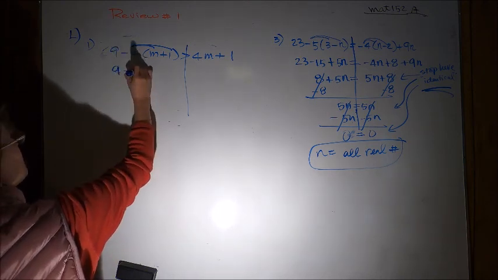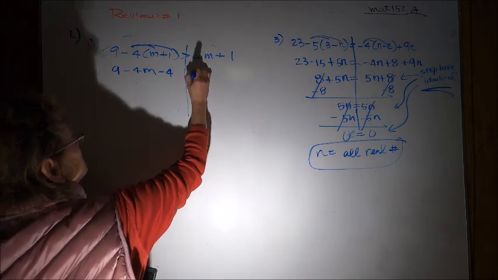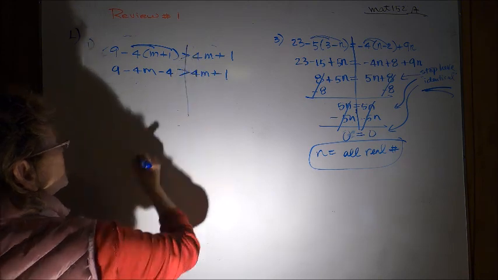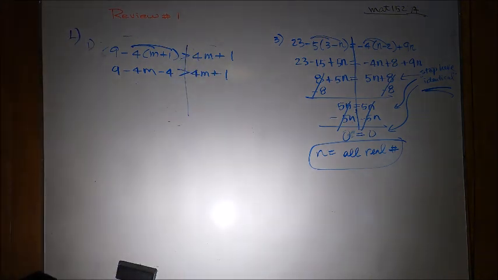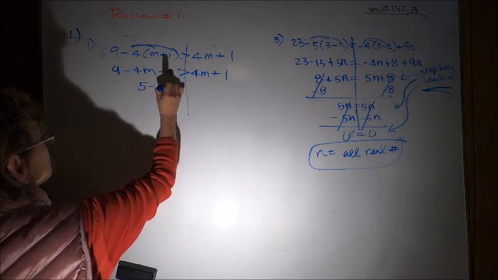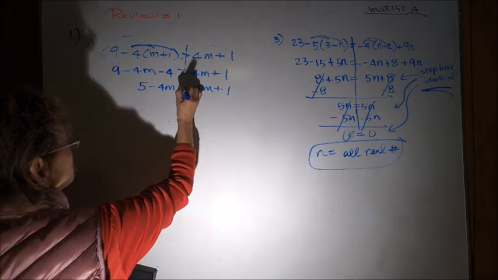9 minus 4n, negative 4, and 1 minus 4. Then this side is still 4. Do we change the sign? No, right? Then make it simpler for each side. 9 minus 4 is 5, minus 4n, 4n plus 1, right?